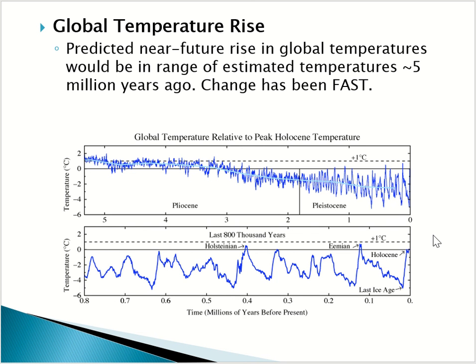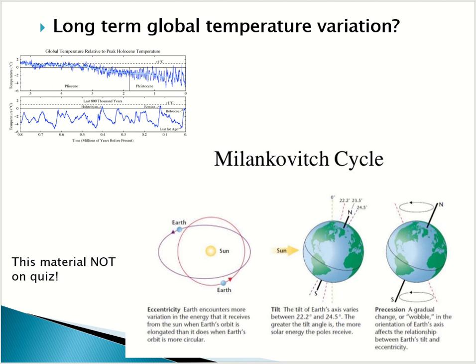Now, there weren't people back then, but the theories that explain this variation have to do with the behavior of the Earth and Earth around the sun. These are referred to as Milankovitch cycles.